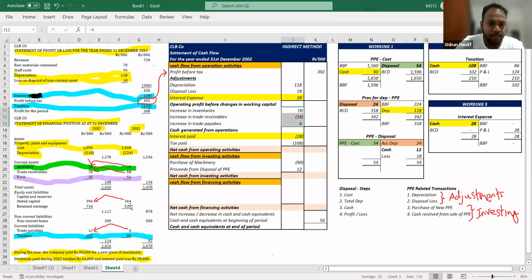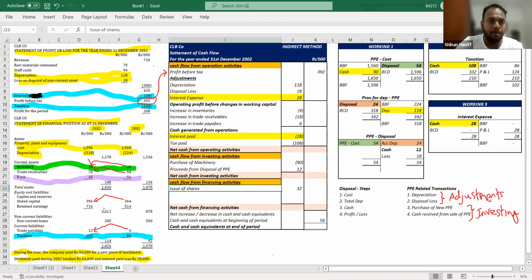How much? 64 to 96, 74, 84, 94, 32. So we receive cash by issuing shares. Issue of shares, 32.